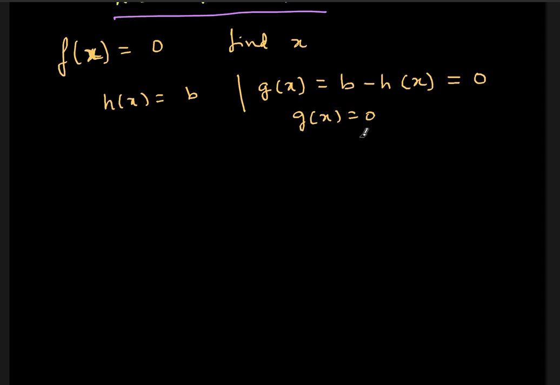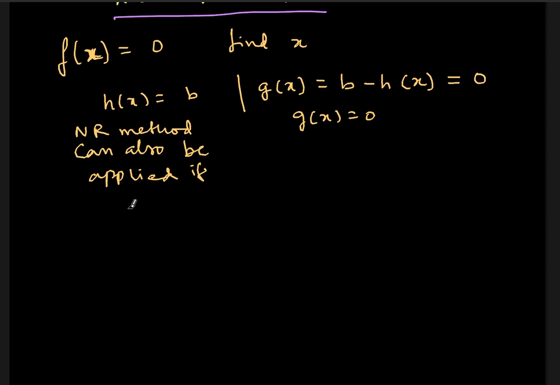You can also apply NR method in the case of h of x equal to b, if the RHS, right hand side, is not equal to 0.